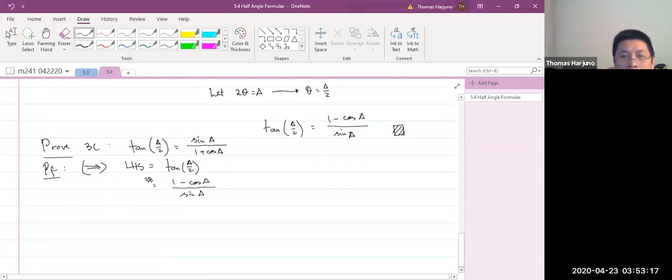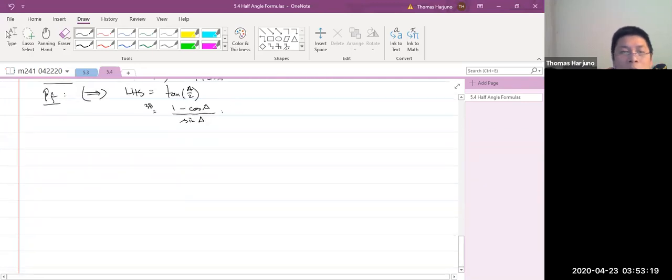That's what we proved just now. Now then what I will do is multiply by the conjugate on the top and the bottom. Okay, the conjugate of the top is 1 plus cosine a.